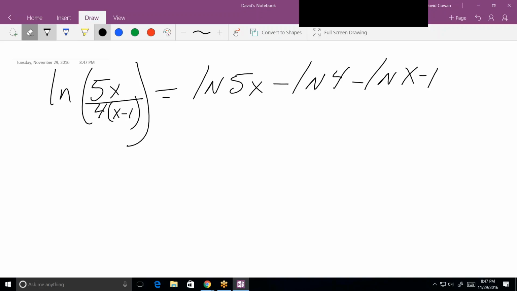Yeah. Let me write it a slightly different way to make it a little bit more understandable. Notice now that both denominators are being added. Right. Because there's multiplication going on. Okay.